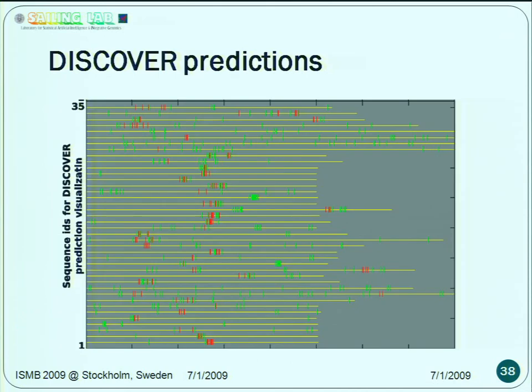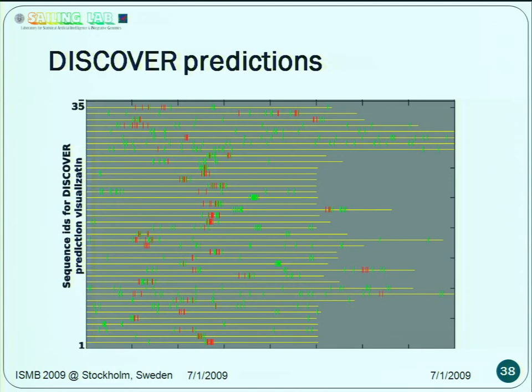So here we visualize Discover predictions. You can see that the red ones are true positives, and the green ones are false positives. Recall that I said a little while back that one of the main advantages of using a discriminative model over a generative model is that it would be less sensitive to noise and would make fewer false positive errors.